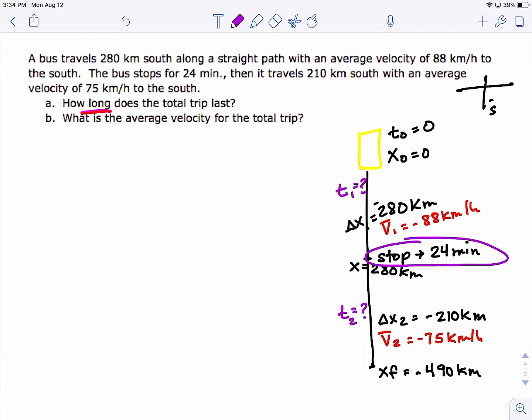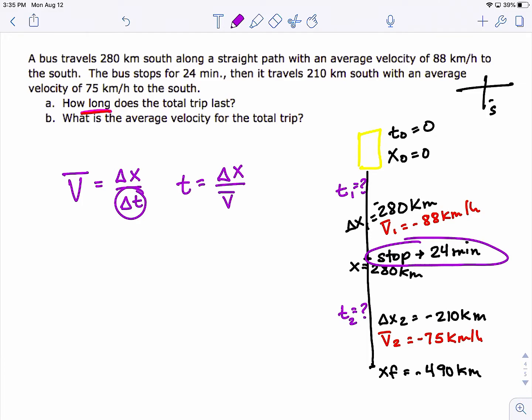So I'm going to use the equation. Average velocity is displacement divided by the time. I'm going to go ahead and rearrange the equation for time. So that's going to be displacement divided by average velocity.